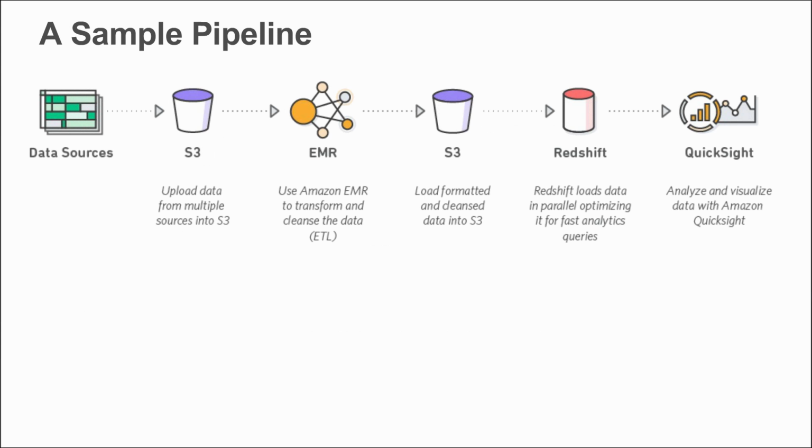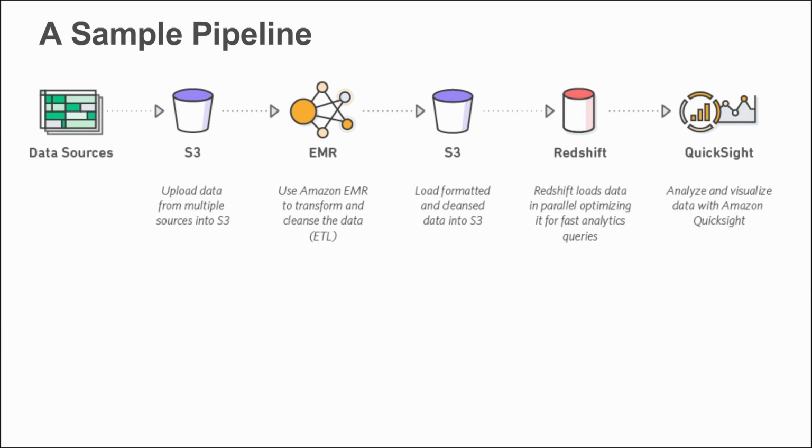So here's a sample pipeline that a lot of our customers currently run if you're running on AWS. And I just wanted to add Athena to it and show you where Athena fits in with other products. Several of our customers land data in S3 from different data sources. They may use EMR for transforming or cleansing the data, or for some sort of ETL, for machine learning, or for other tasks like creating views of the data.